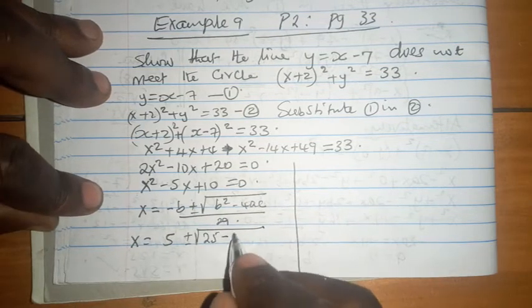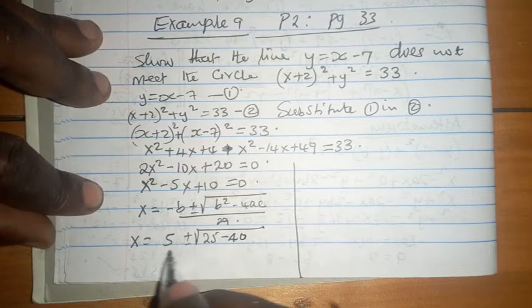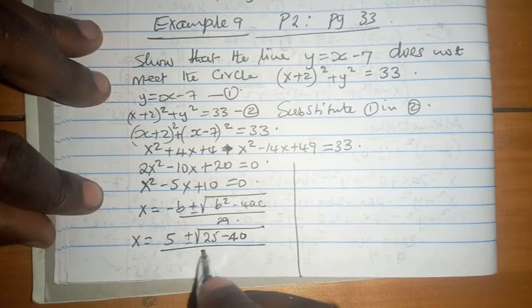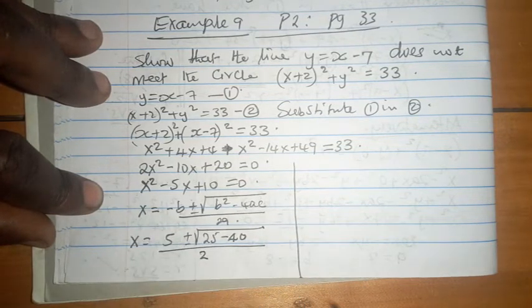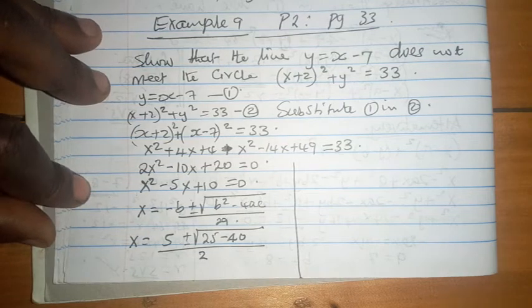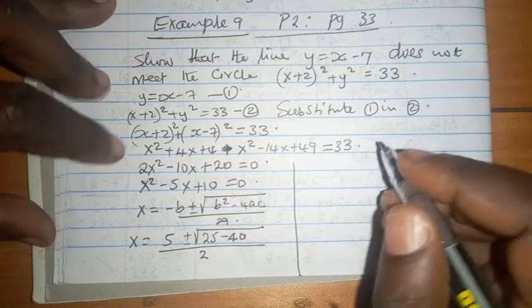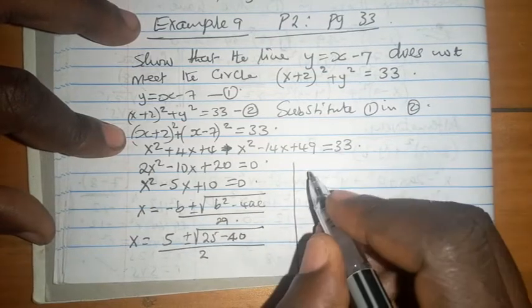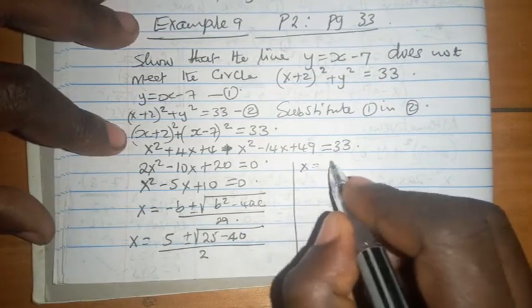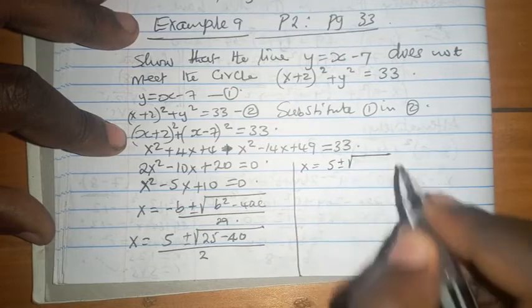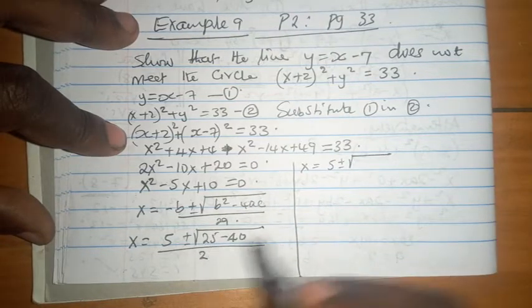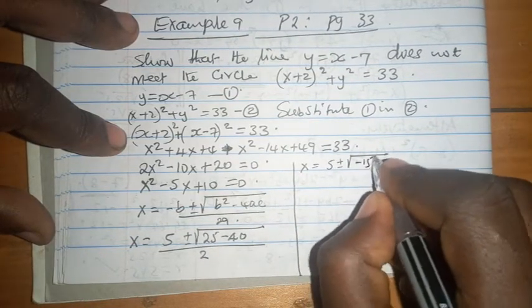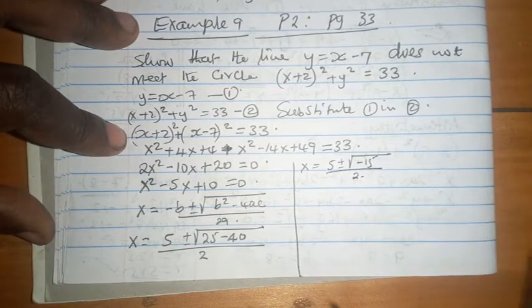So minus 40. Everything over 2 times 1, where a is 1. So x is equals to 5 plus minus the root of 25 minus 40, which is minus 15, everything over 2.